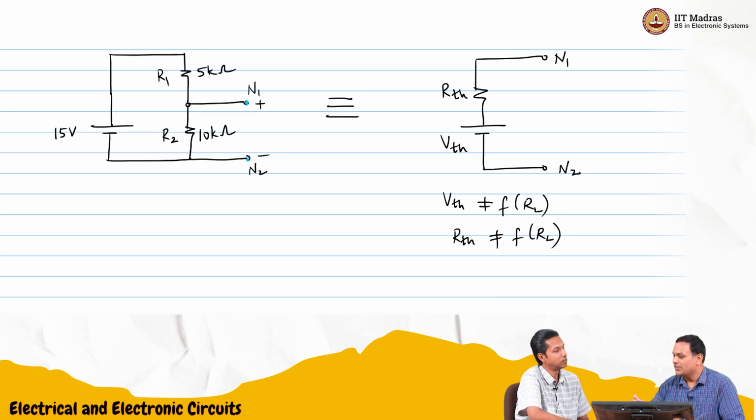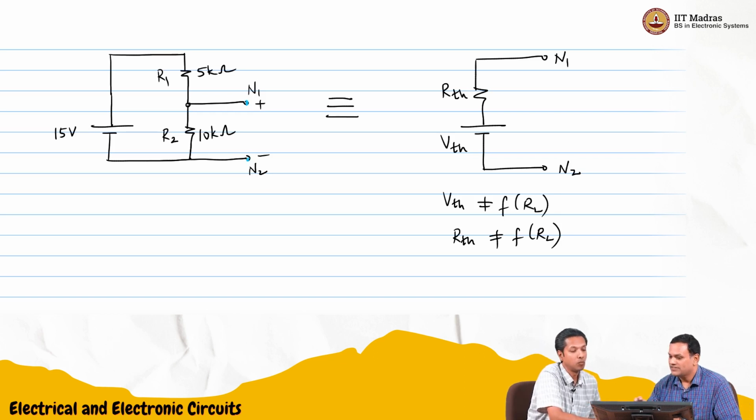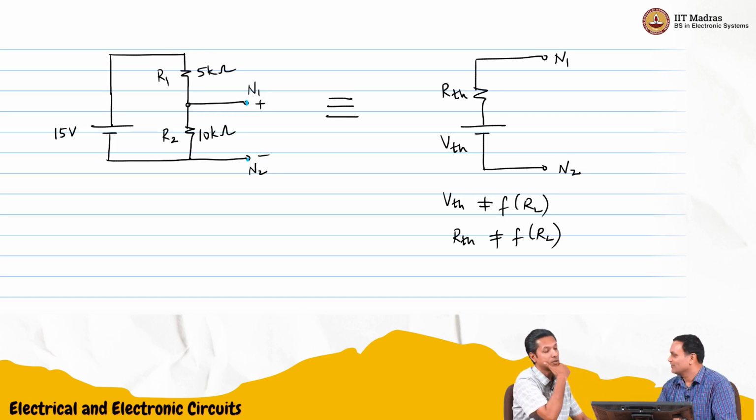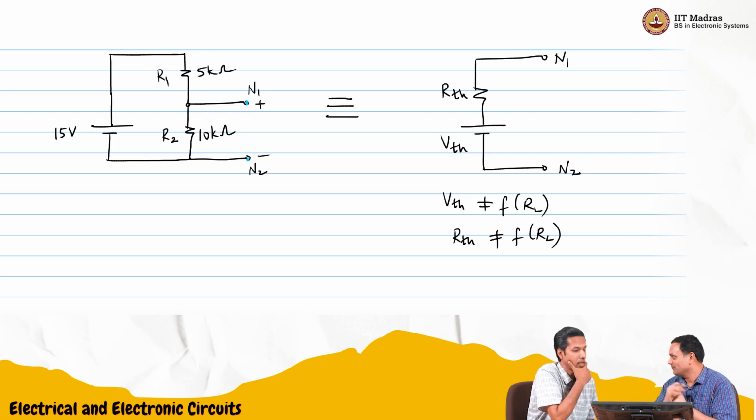Since these two networks are completely equivalent, we need to apply some load. So the voltages across N1, N2, and the current flowing from N1 to N2 through the load should all be equal in both these networks. So that is an easy way to solve it. You can use any RL you want.